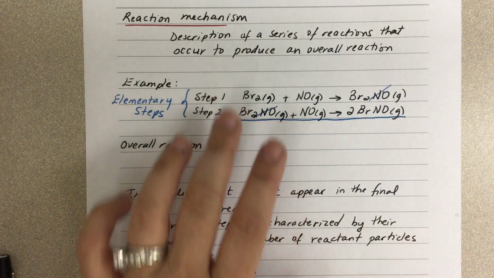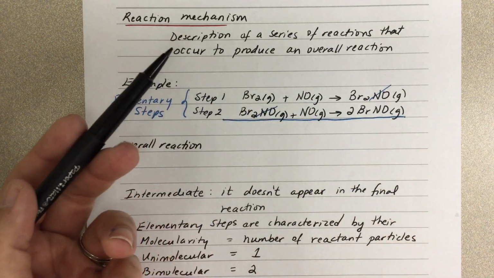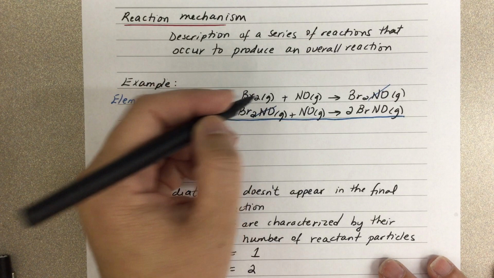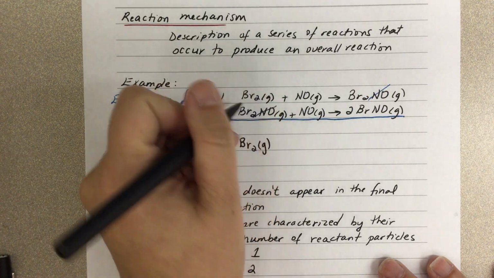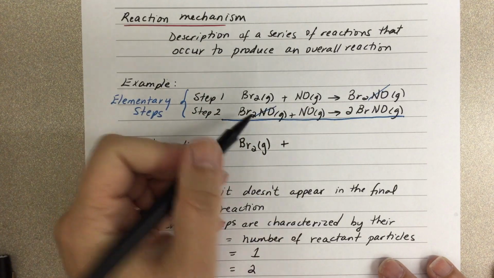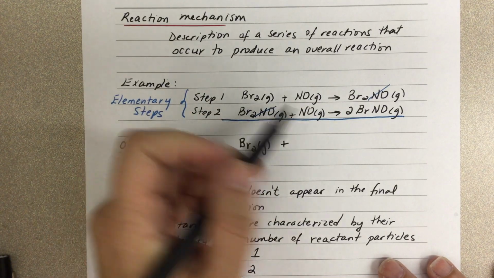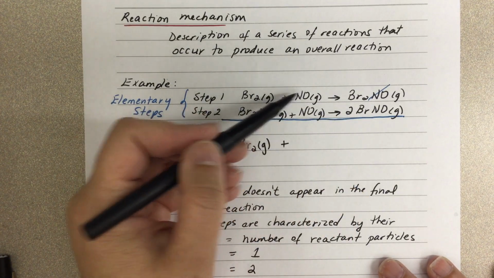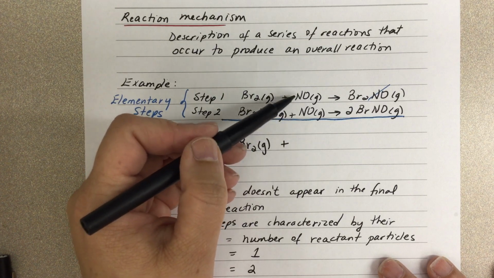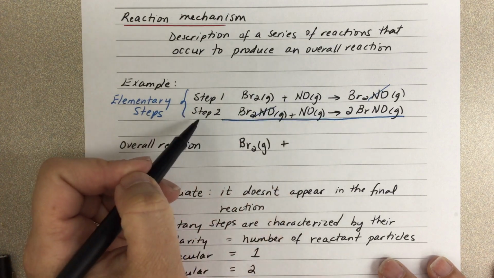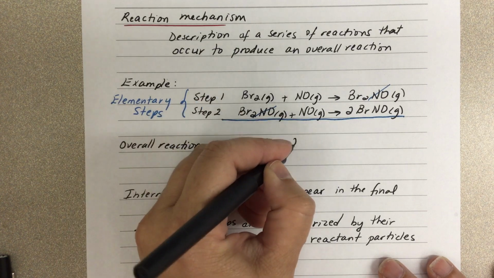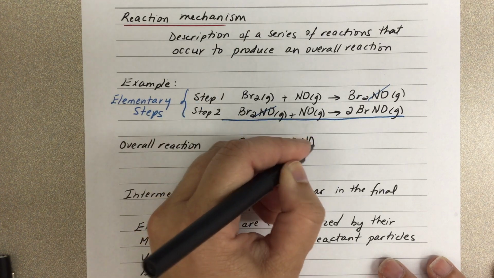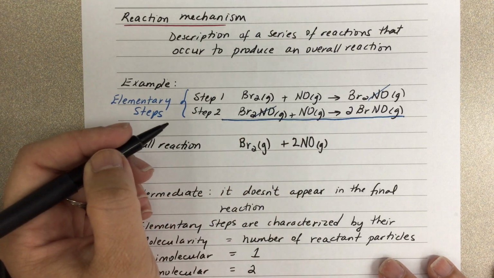Then I'm going to check what I have left. I cannot cancel anything else. So I have here that one from step 1. This one I'm not writing down because it's an intermediate. Then I have an NO, and I have 1 mole in step 1, and I'm getting an additional mole of NO in step 2, which means you're going to have a total of 2 moles of that reactant.